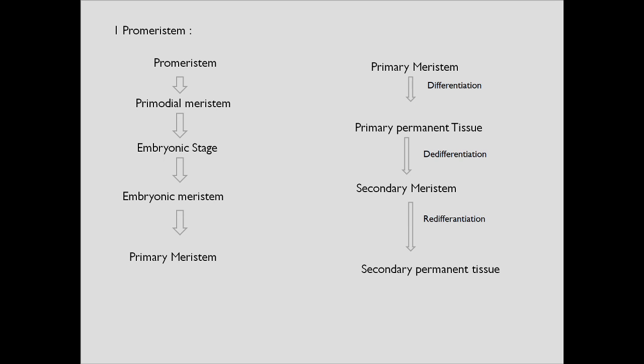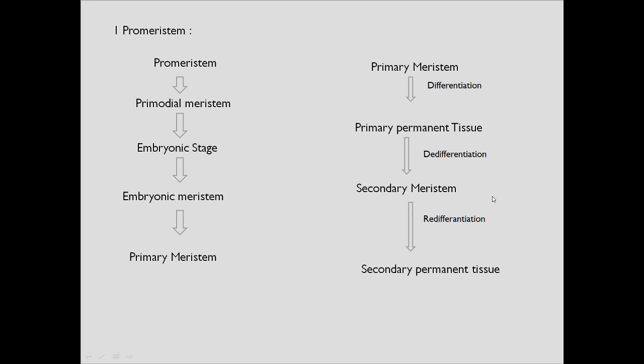So we get the primary meristem, and this primary meristem undergoes differentiation to form a primary permanent tissue. This primary permanent tissue undergoes de-differentiation, meaning it again gains the power of division and gets converted into the secondary meristem.